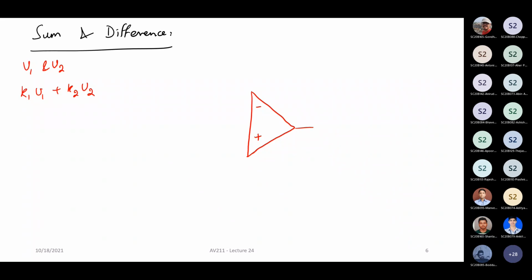Why is it easy to add currents? You connect multiple things to the same node, you apply KCL, and when there are multiple branches connected to the same node, currents add up, right? So current addition is very simple and very straightforward. Whereas voltage addition is very difficult.